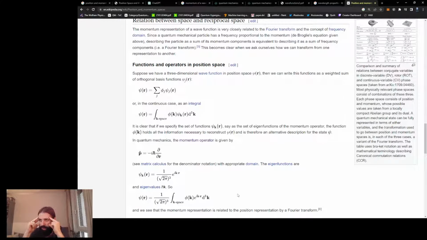So you're saying, aren't you saying that if you apply the momentum operator in position space, that gives you the momentum, right?